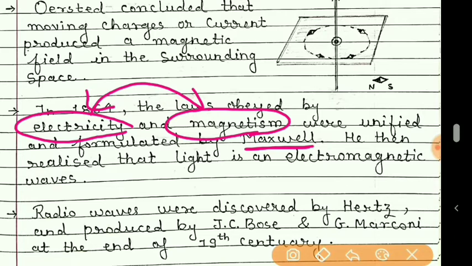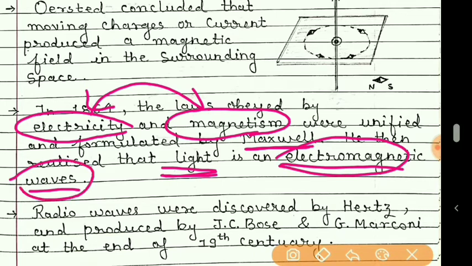Afterwards, it was also realized that even light is an electromagnetic wave. Earlier, studies of light were made, but it was not known that light is an electromagnetic wave. So after that, it was found that even light is an electromagnetic wave due to the study of electricity and magnetism as one branch.